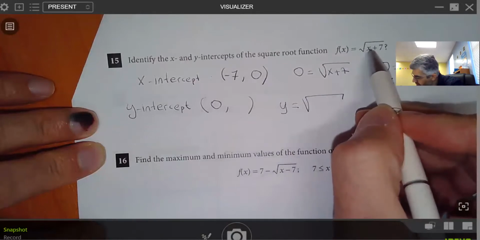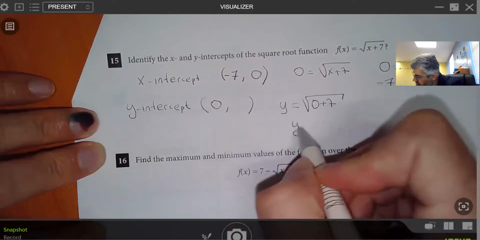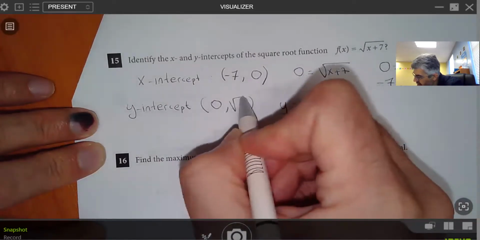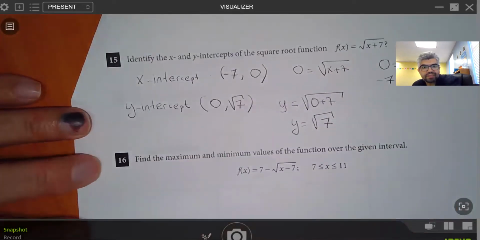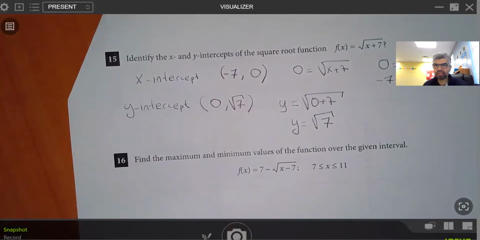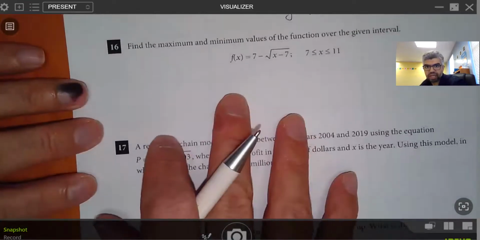I know x must be equal to 0, so y equals square root of 7. The y-intercept is square root of 7. Is it clear? Any question? We have to write the points when we have x-intercept and y-intercept.